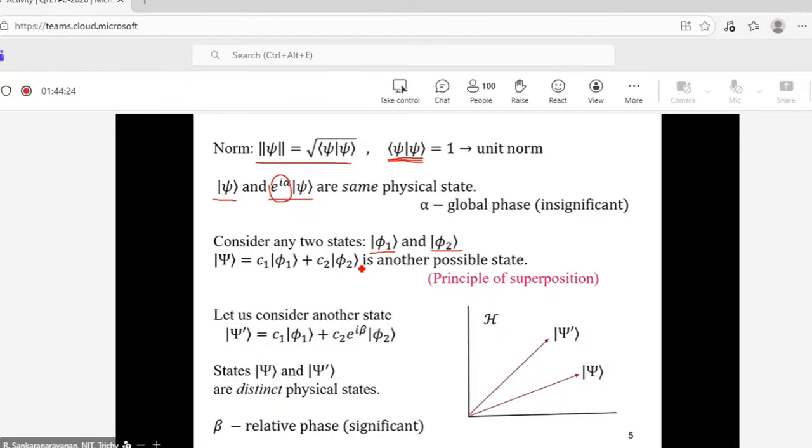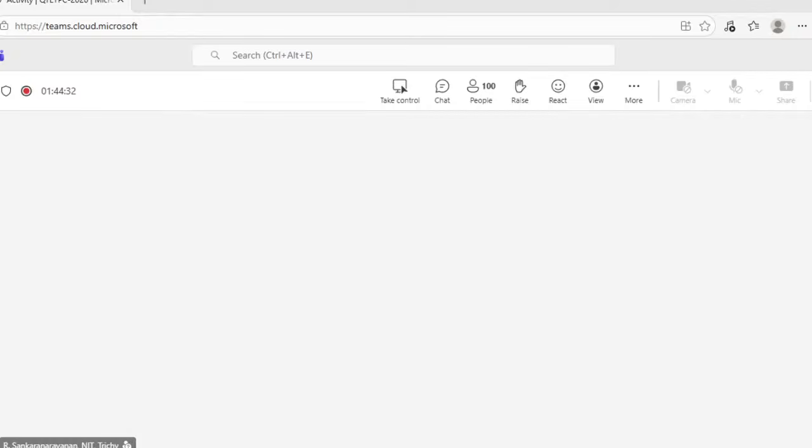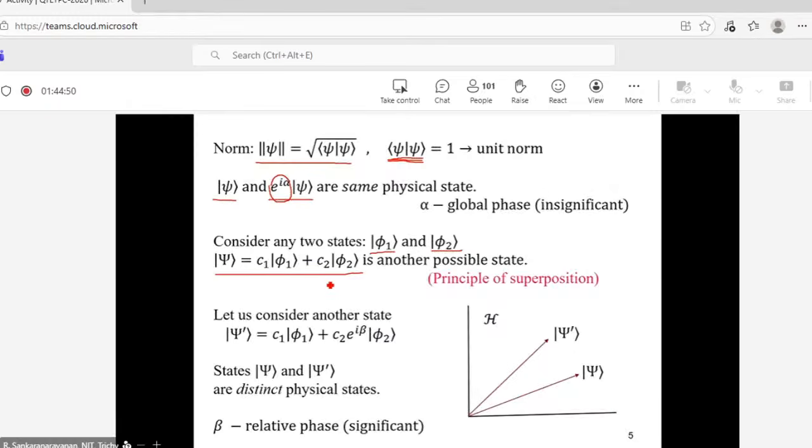That means if phi 1 and phi 2 are two possible states of a system, then C1 phi 1 plus C2 phi 2, which I call a state psi, is also another possible state of the same system. This is the principle of superposition, one of the fundamental hallmarks of a linear vector space, and so of quantum mechanics.